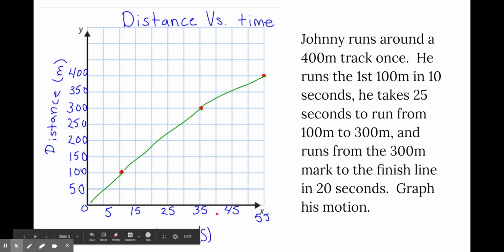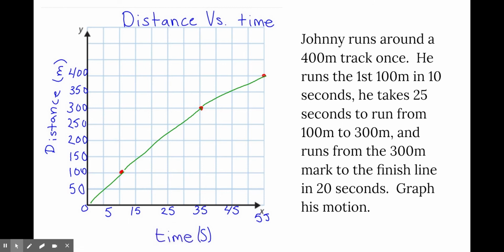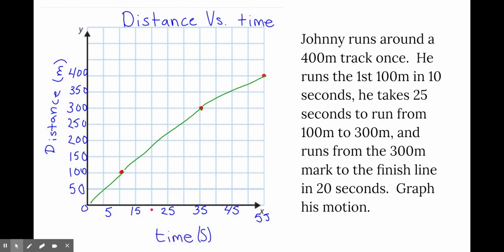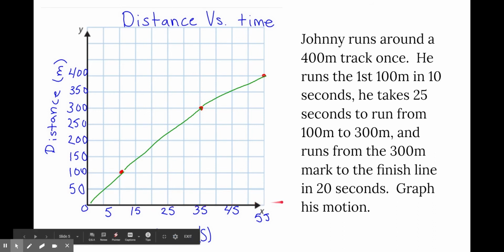Down at the bottom, my x-axis, or the horizontal axis, is time measured in seconds, and each line is 5 seconds. I labeled 5, 15, 25, 35, 45. I skipped the 20 mark because it gets a little messy, so I just left it out, and you know that each line is 5 seconds.